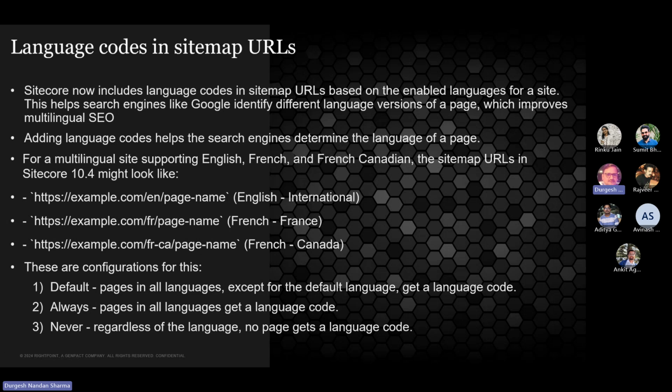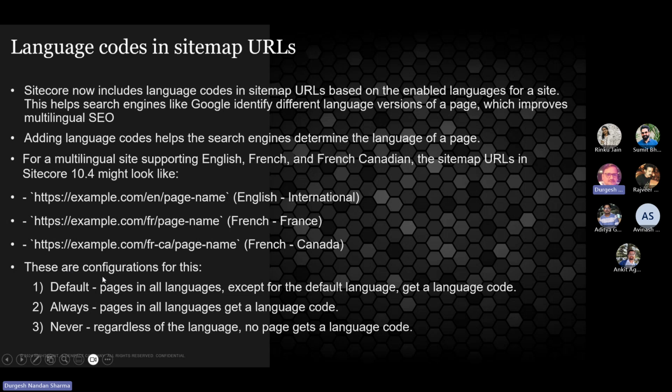For SEO, or when a user from a different country or language is searching for the page, it is better for indexing and SEO purposes that we add the language code.